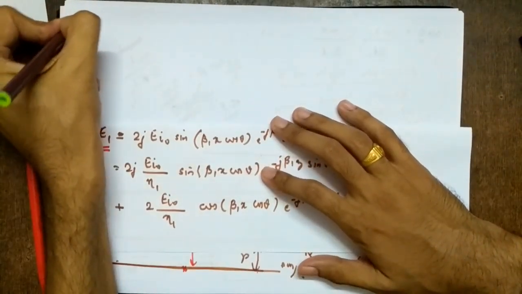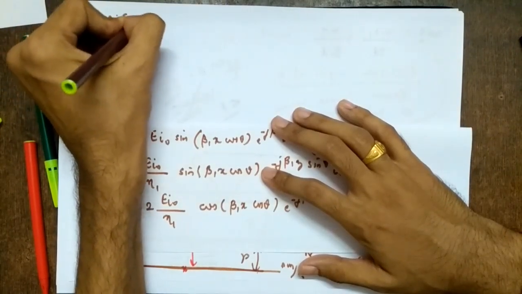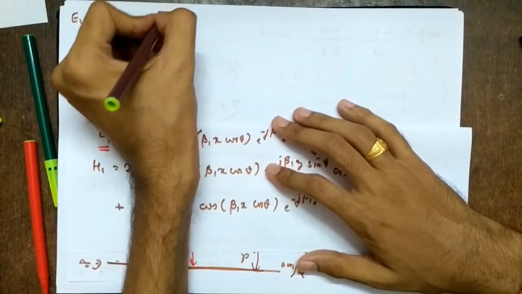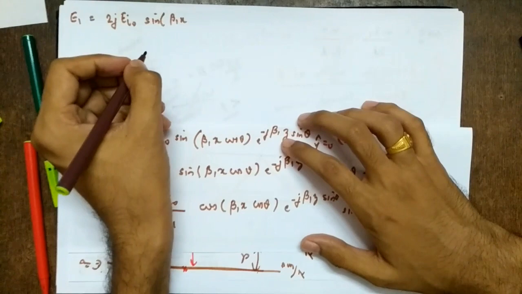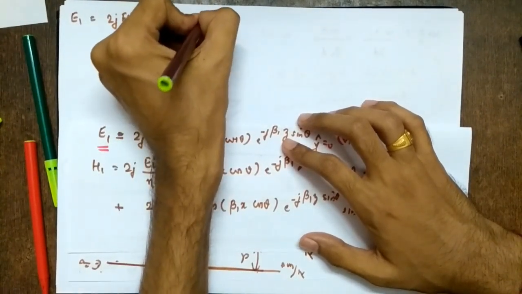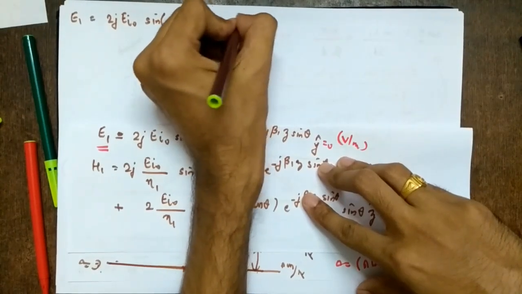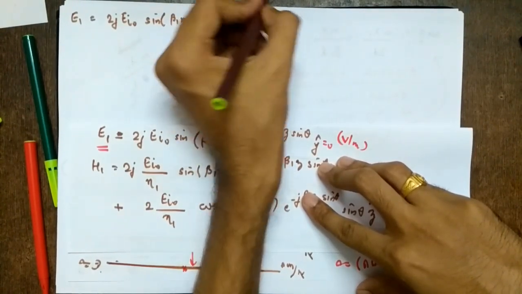So what will be E1 equal to, if I substitute cos theta, 2j E10 sine of beta 1x, and let's substitute cos theta as m lambda 1 by 2d. So m lambda 1 by 2d e raised to minus j beta 1 z.